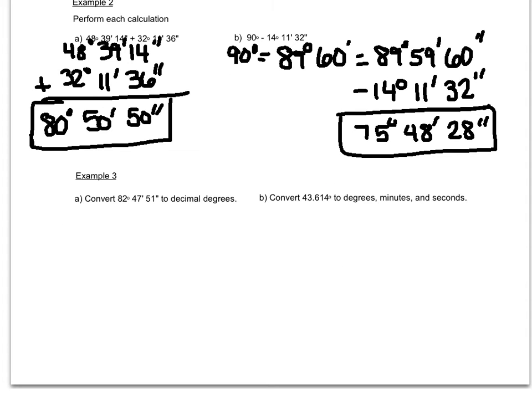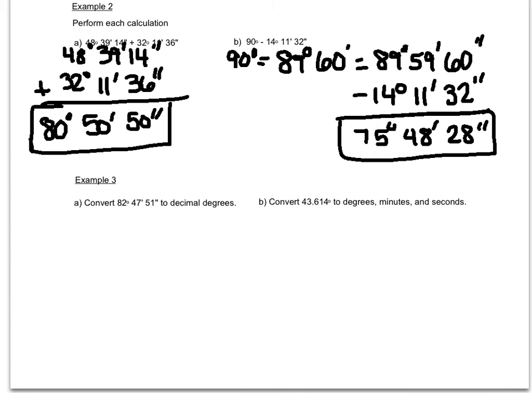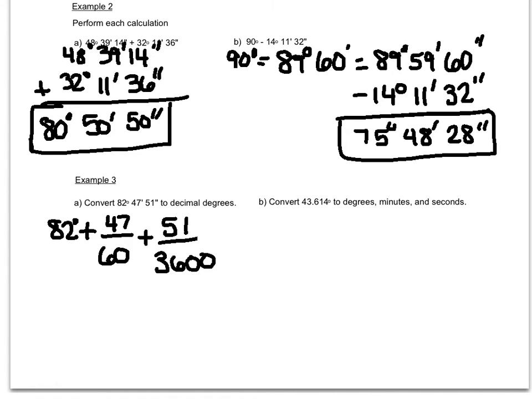In example 3 for part A, we want to convert 82 degrees, 47 minutes, and 51 seconds to decimal degrees. So we have our 82 degrees plus 47 over 60, because that's how many minutes are in a degree, plus 51 over 3,600, because that's how many seconds are in a degree.